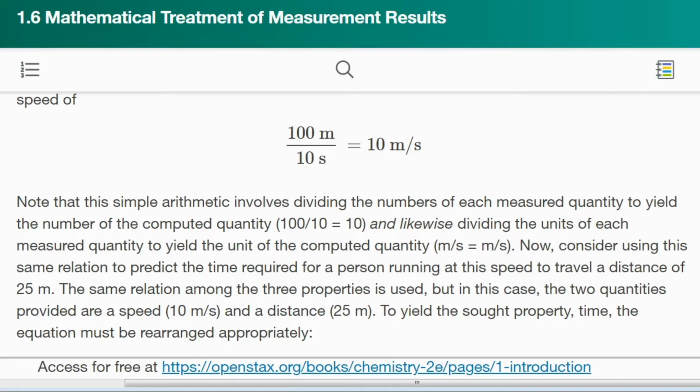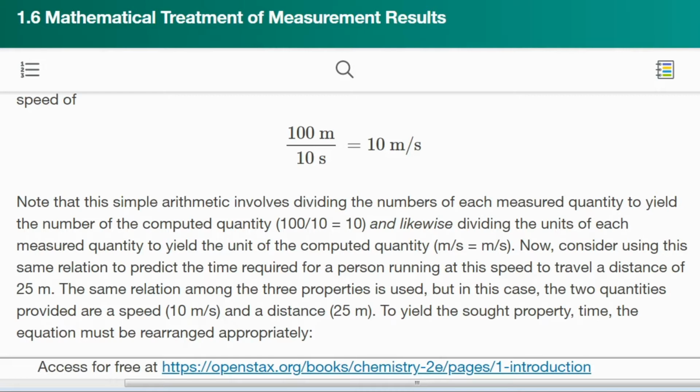Now, consider using this same relation to predict the time required for a person running at this speed to travel a distance of 25 meters. The same relation among the three properties is used, but in this case the two quantities provided are a speed, 10 meters per second, and a distance, 25 meters.